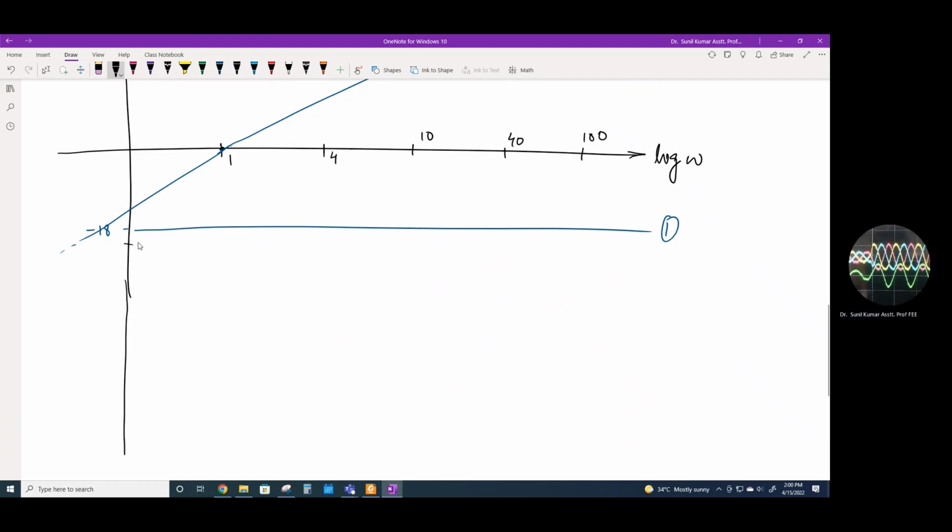So this is, let's say, minus 20 dB. It will start from omega equals 4, and at omega equals 40, it should go to minus 20 dB. So maybe reach it here, and we connect these points.